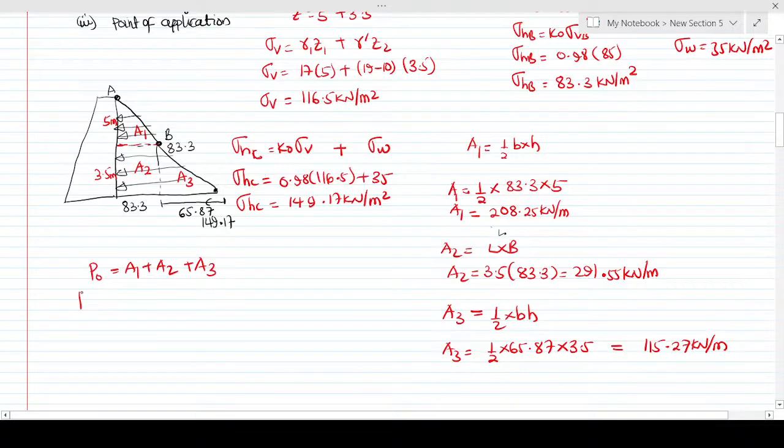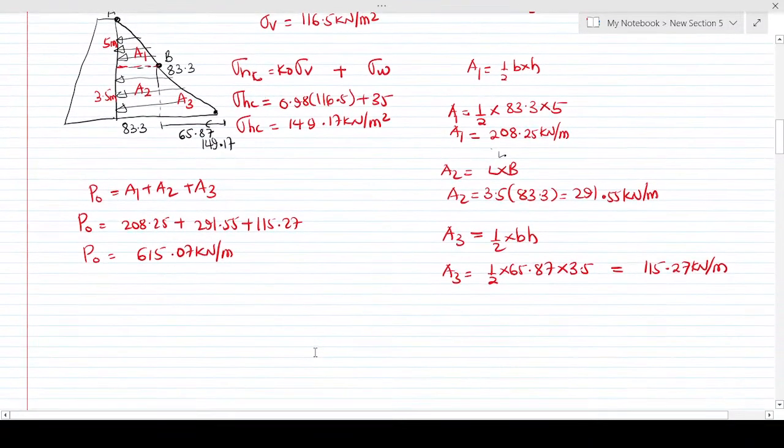So putting them together, P naught is going to be 208.25 plus 291.55 plus 115.27. And so P naught is going to be equal to 615.07 kilonewton per meter.